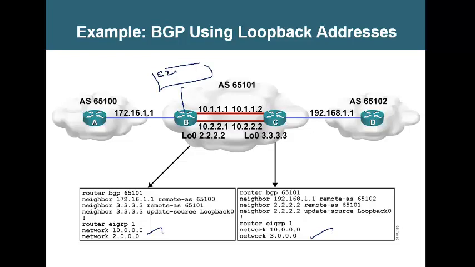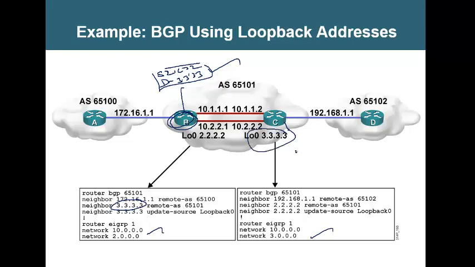The destination will be the neighbor address. What is the neighbor address? 3.3.3.3. If you don't run OSPF, B will not know where 3.3.3.3 is. How can B ping 3.3.3.3? You tell me. How can this packet be forwarded? Router B will not know about this loopback of router C. Yes or no?